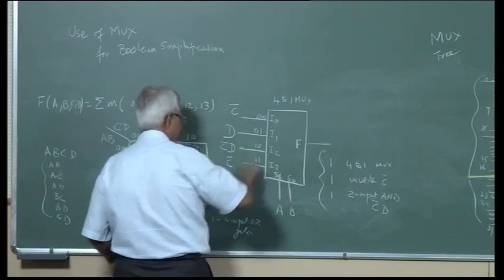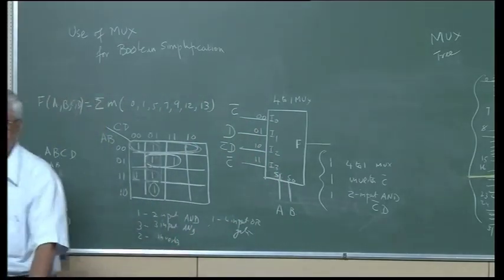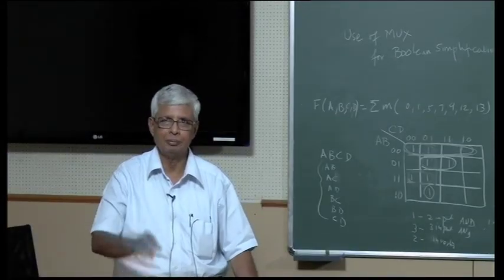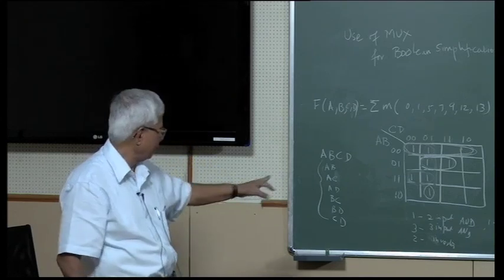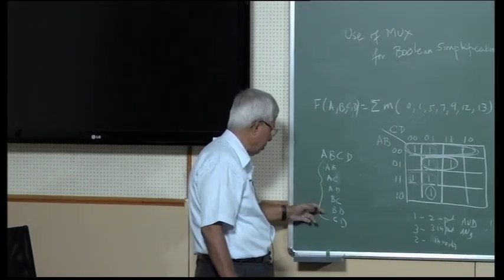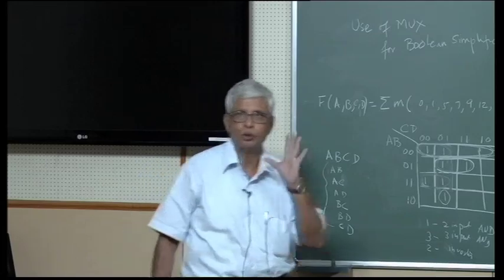Which of these 6 combinations will use the minimum number of hardware? This is homework, I am not going to do it. Which of these 6 combinations of selectors AB, AC, AD, BC, BD, CD will result in minimum hardware use?